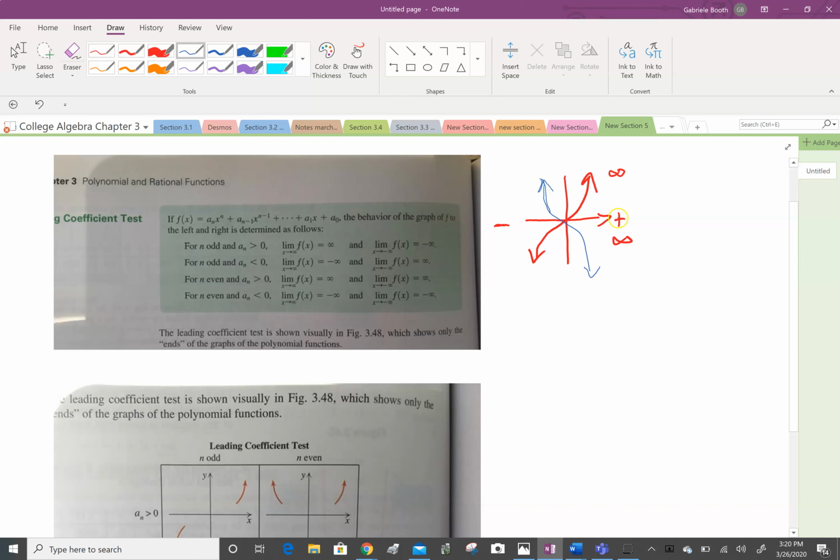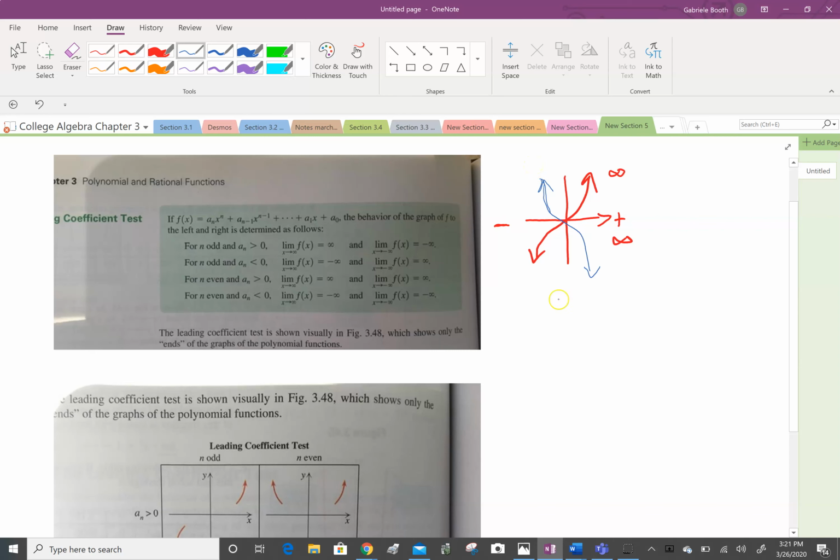So if x is going towards positive infinity, y would go towards negative infinity, and as x goes to the left towards negative infinity, y goes towards positive infinity.